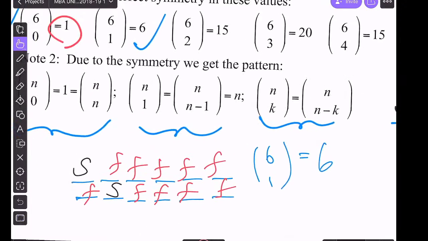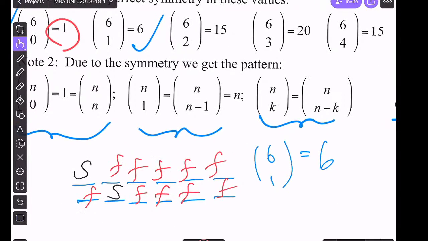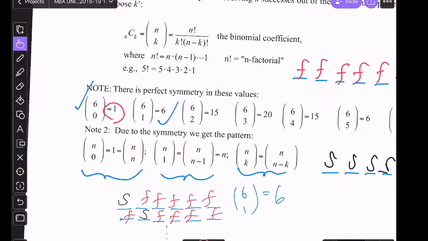And you guys believe me, I don't have to write it because I ran out of page here. Okay? And similarly, if I just flip the S's for the F's, there's 6 ways to see 5 successes out of 6. So you guys can think about that.